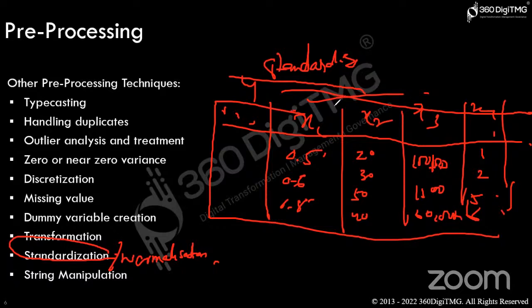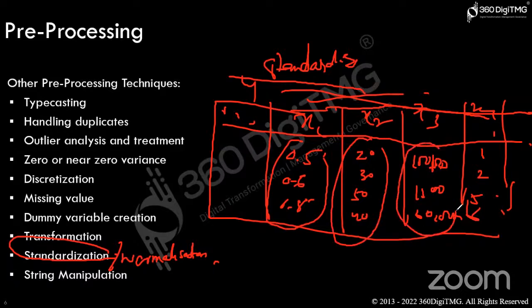You can clearly observe there is so much difference in the data. X1 is just present in points, and X3 is in thousands.